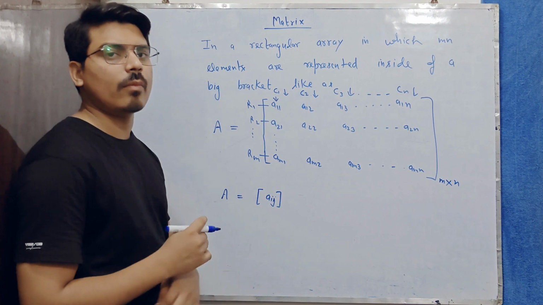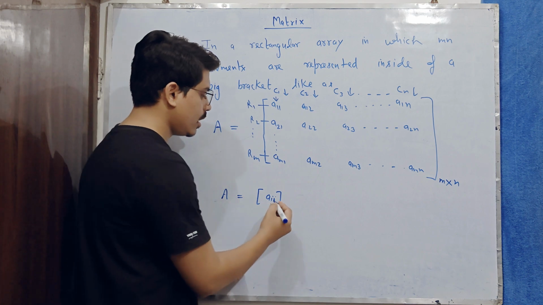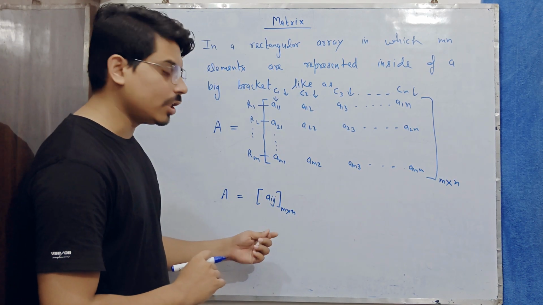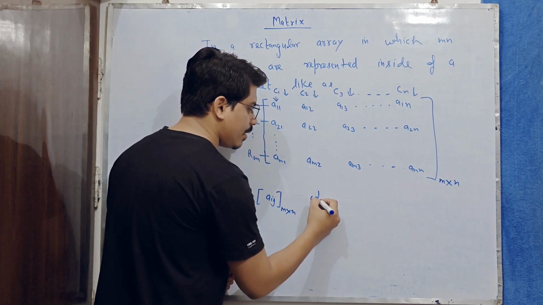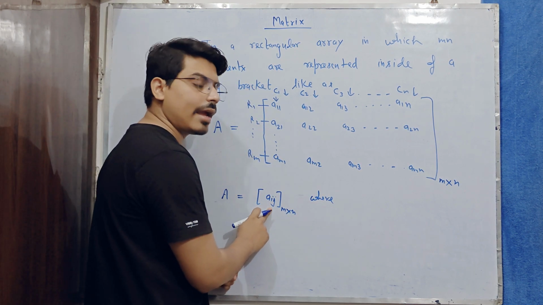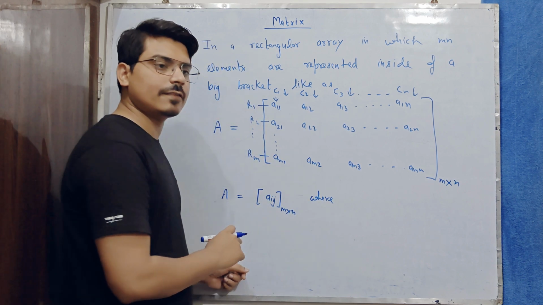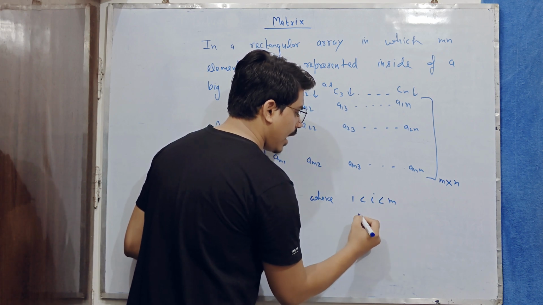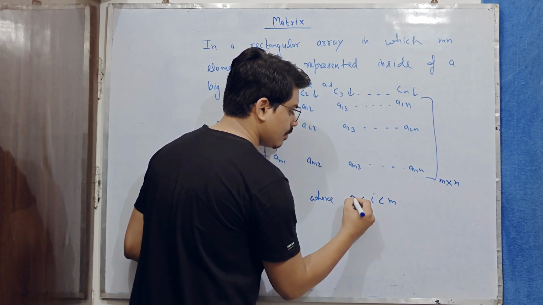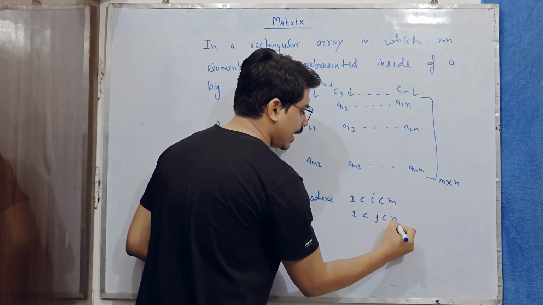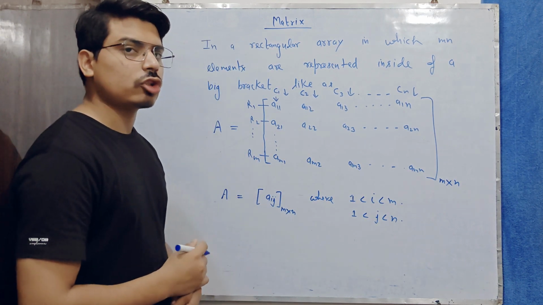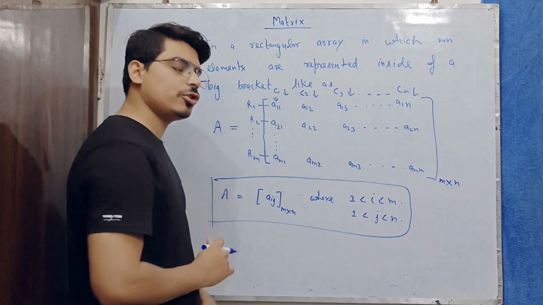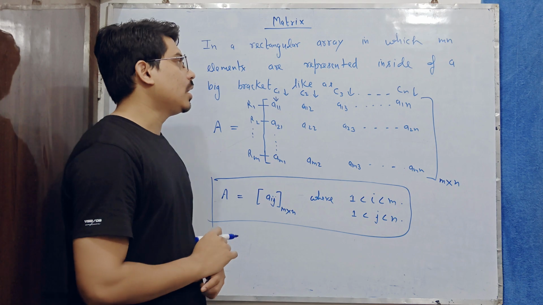If your matrix is of order m cross n, then you write the order of this matrix in the shorthand method, where i and j, which are written here in suffix, i runs from 1 to m, and j runs from 1 to n. This is your shorthand method by which you can represent a matrix.